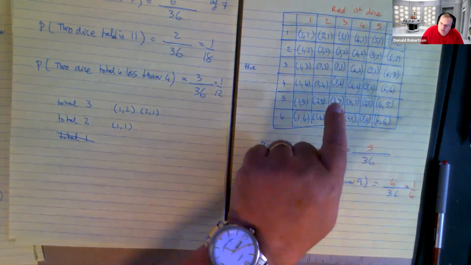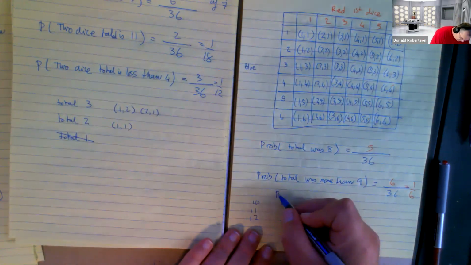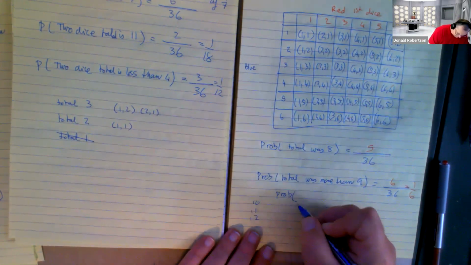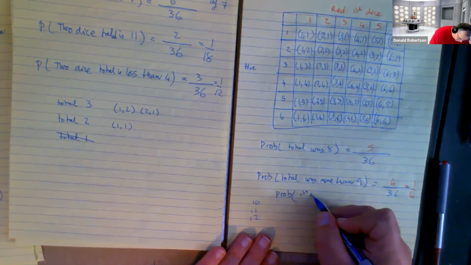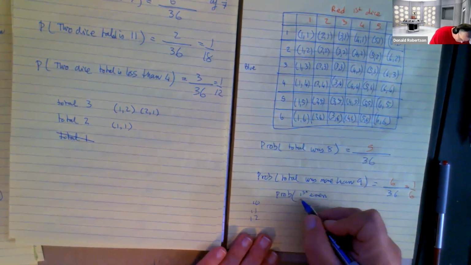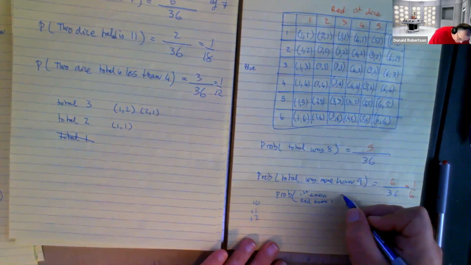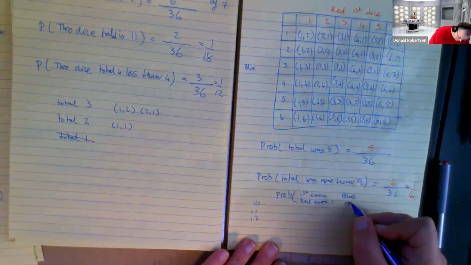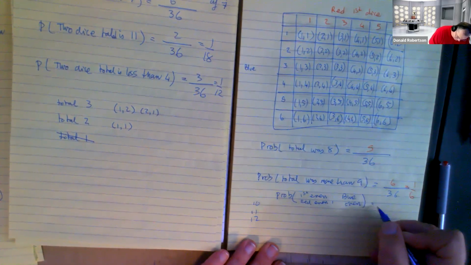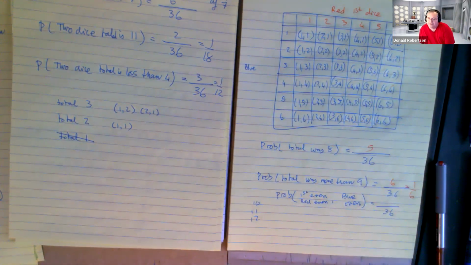But you can use this for questions none of the other methods worked for. So what's the probability, right, that the first one was even, so that would be the red one is even, and that the blue one, that's the second one, was also even. So I'm basically saying, what's the chances that you roll 2 dice and both numbers are even, right?